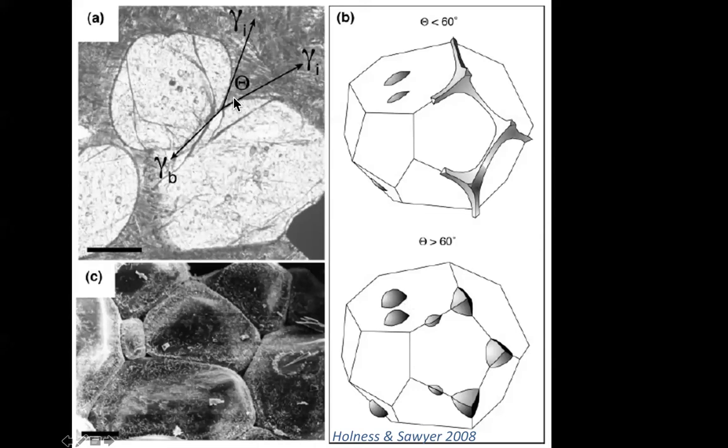And that dihedral angle is being shown here in panel A, as well as being talked about in panels B and C. So when our dihedral angle is very high, we have a droplet that wants to stick together. It wants to pull together compared to the surface energy of the crystal. And so the melt will tend to accumulate in the corners or as droplets along the edges.